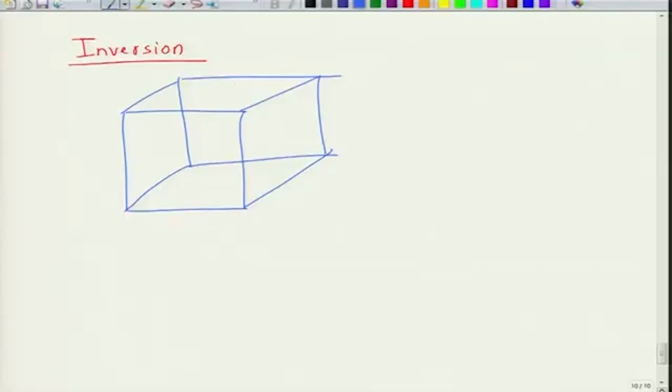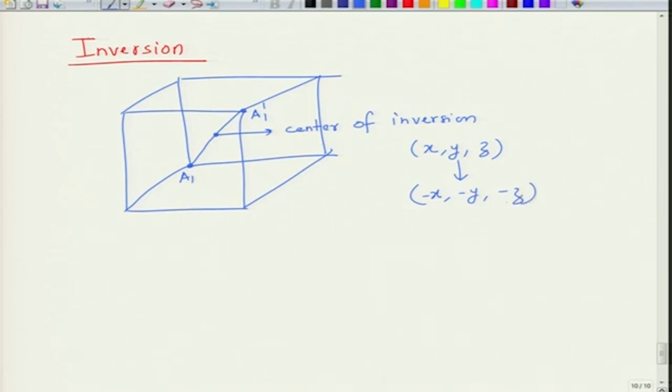For example, if it is a cube, then this point A1 can be brought into position A1 prime through a center of inversion which is located here. So in general terms, it means that anything which is at x, y, z, if it can be brought into self-coincidence at minus x, minus y, minus z, then this is called a process of inversion.